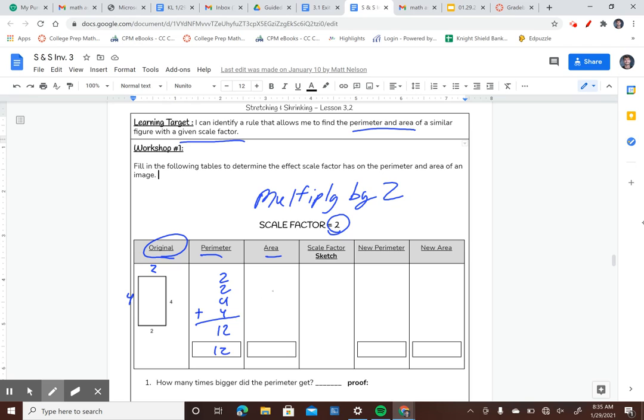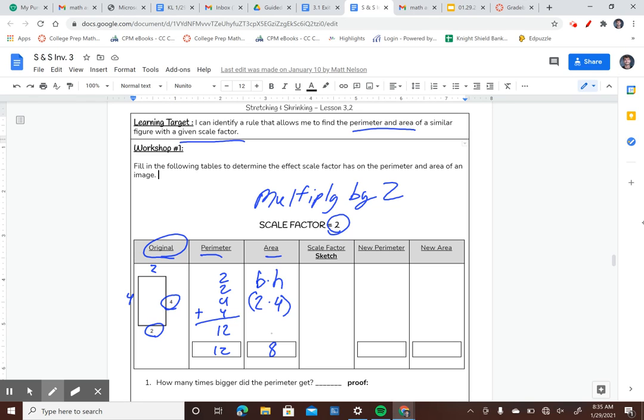So that's my perimeter here. And then my area would be my base times my height. So if I do 2 times 4, that's going to give me 8. So my perimeter is 12 and my area is 8.